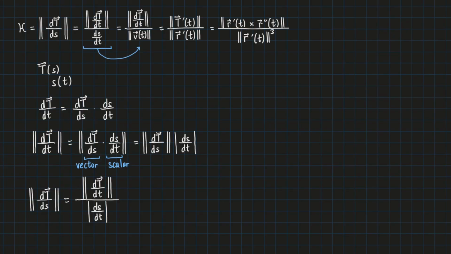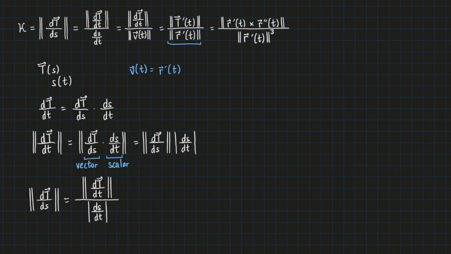And speed is also the magnitude of velocity, so ds/dt equals the magnitude of v of t. For the denominator, we know that velocity equals the first derivative of r with respect to t, and then for the numerator, we're rewriting the derivative of unit tangent vector big T with respect to little t from Leibniz notation to Lagrange notation.